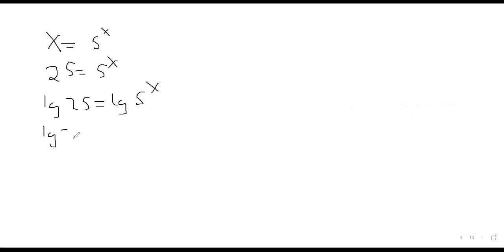So if 25 is equal to 5 to the power x, we introduce logs on both sides. So here log 25 is equal to log 5 to the power x. So what happens to this when it comes here? It will drop. Then you divide both sides by log 5. So what becomes our x? What is log 25 divided by log 5?